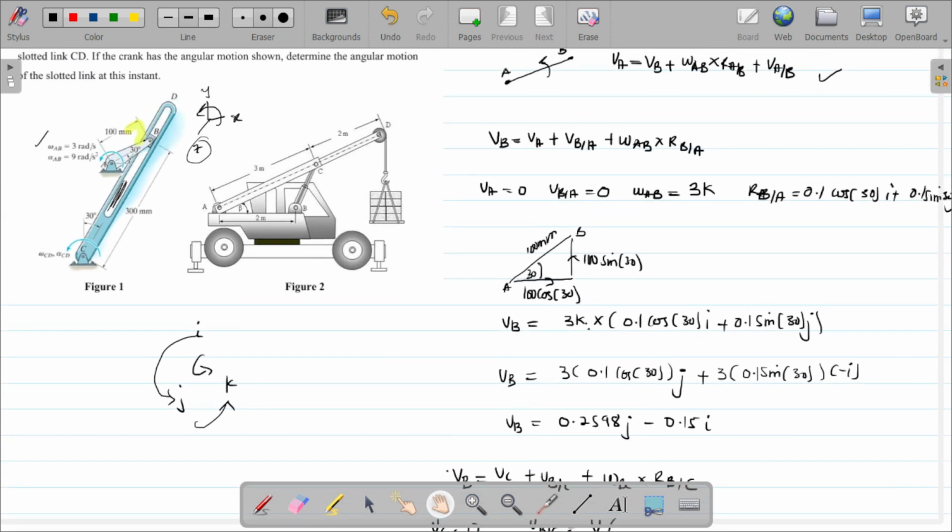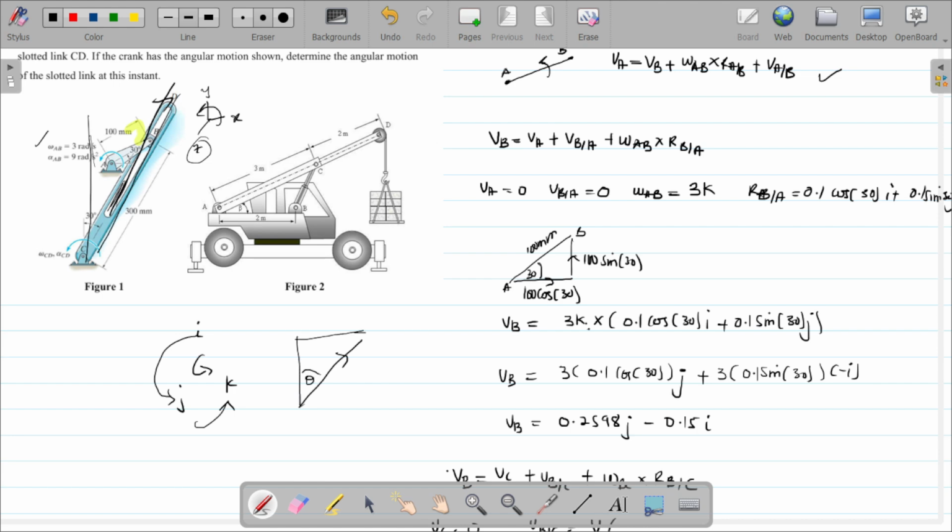That velocity is going to act in this direction, and in this direction we have the line, which is inclined like this. As it's inclined, you're going to have the velocity in this direction, inclined to the vertical axis.